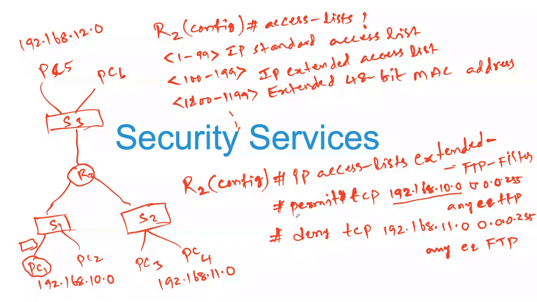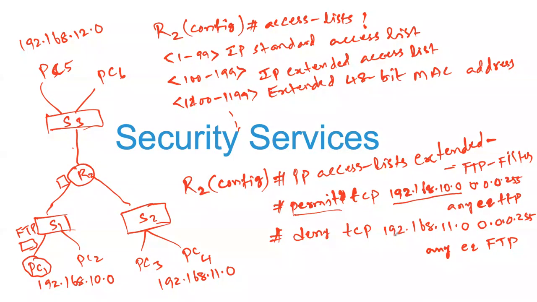It is configured to permit any packet with this IP address. Then it checks which service the packet is accessing. If it is accessing the FTP service, only then will that packet be forwarded to other networks, to switch 3 or switch 2.